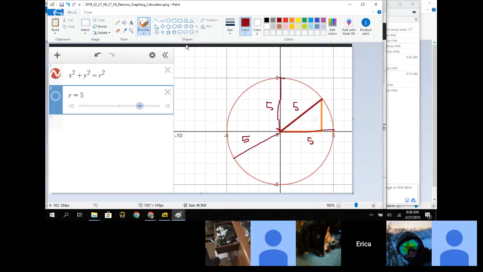Well, the reason I drew it with a triangle, though, is to show you, let me take that off. There we go. So this is 5, right? Think about what this means. If you look at the scale, and I look at my orange triangle, this is 4 units, and this is 3 units, and this is a right triangle. So what do we know about right triangles from math from a long time ago?